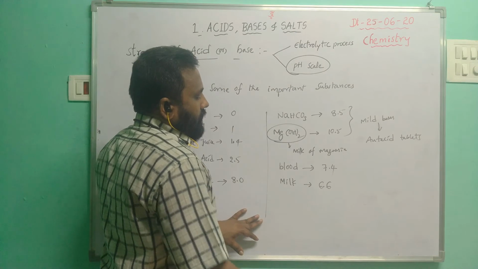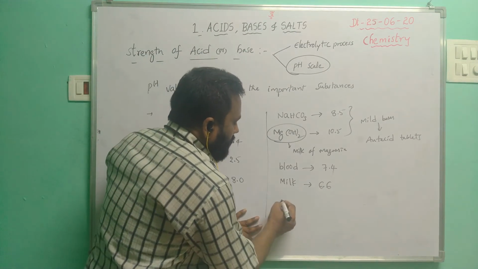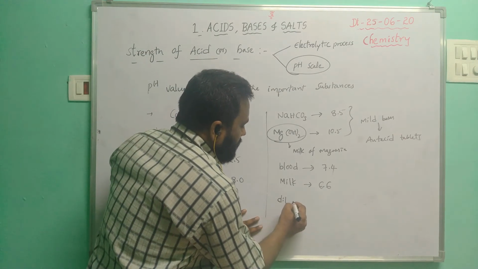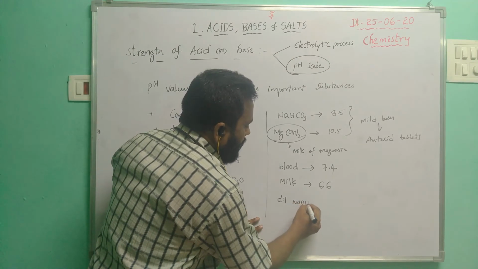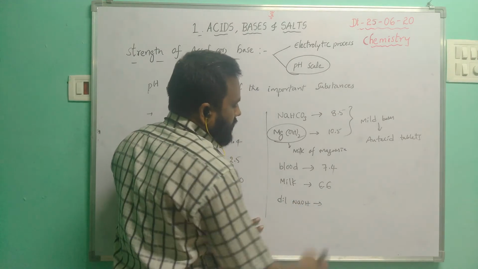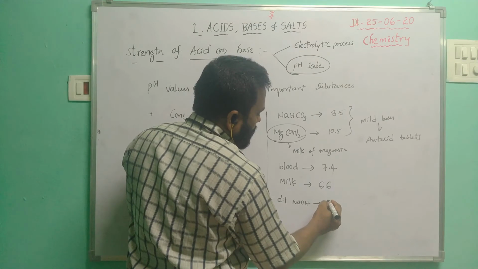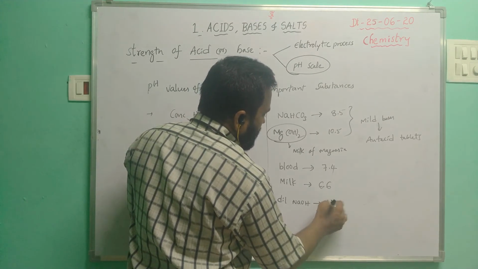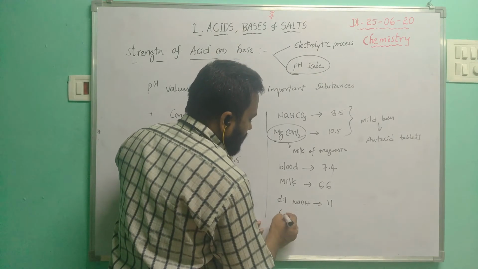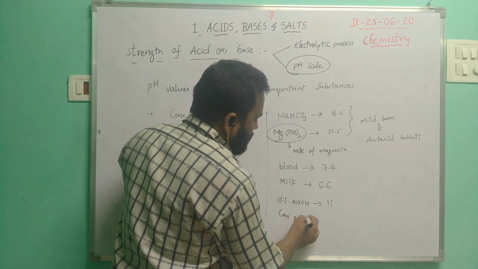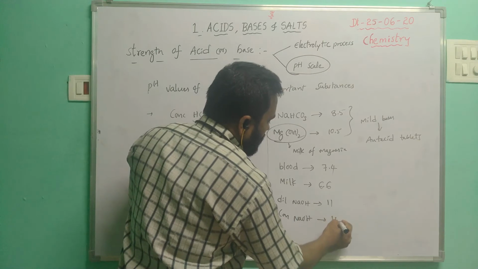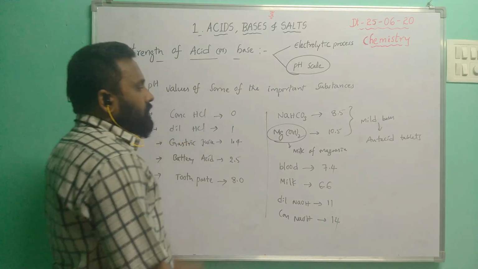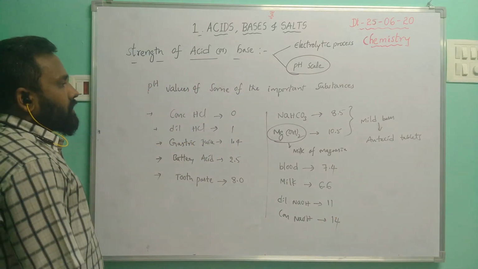And also dilute NaOH, pH value equal to 11. Concentrated NaOH, pH value equal to 14. So these are some of the important compounds' pH values.